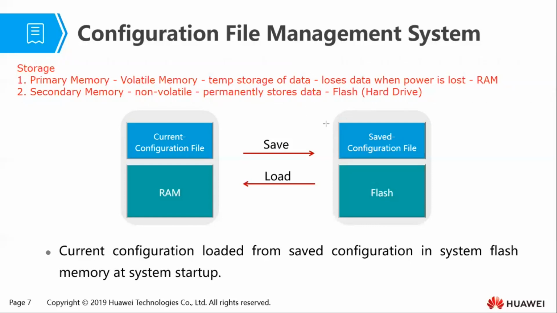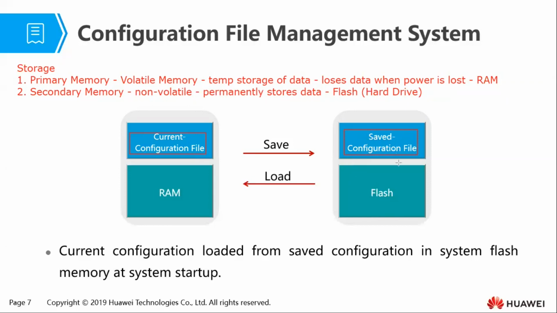Okay, so from that point, you need to understand what we call the saved configuration file and the current configuration file. So the configuration file will carry the settings that you've configured for your device.